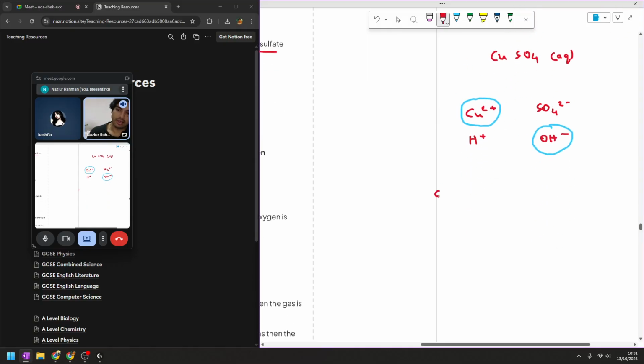So at the cathode, the copper ions will gain electrons. They'll be reduced to copper metal. And at the anode, the hydroxide ions would lose their electrons to make water and oxygen gas.